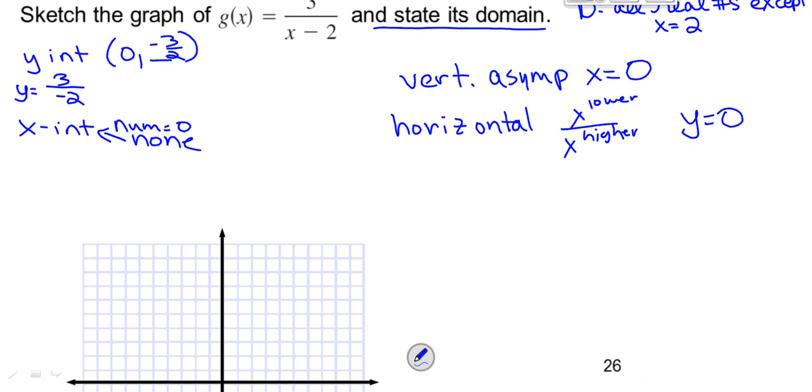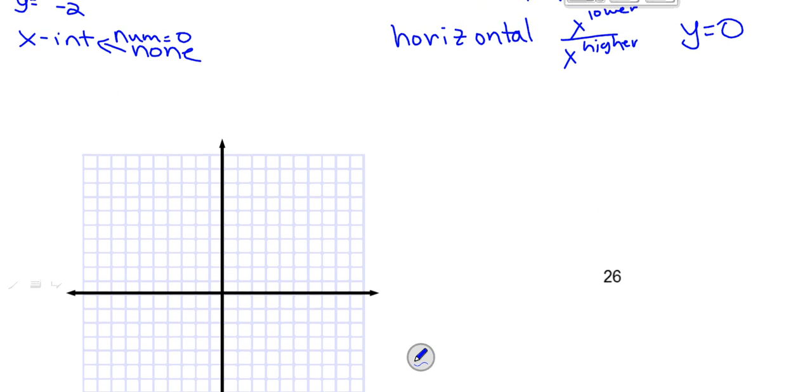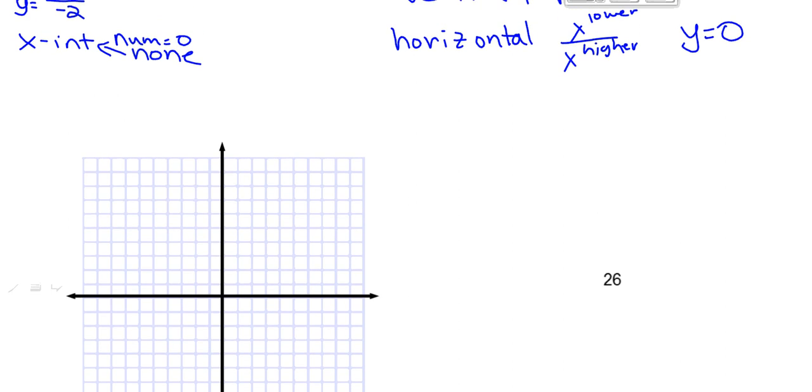So first thing I'm going to do is just plot some of those points on here to get what I have. I have this point of (0, -3/2), so that's -1.5. That's going to be right about there. I have a vertical asymptote at x equals 2.